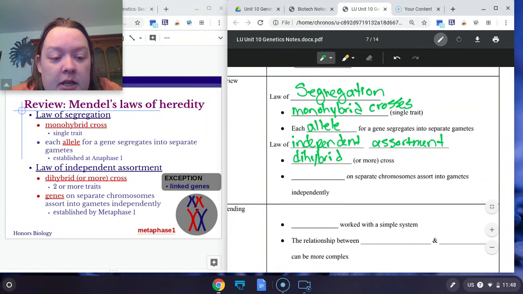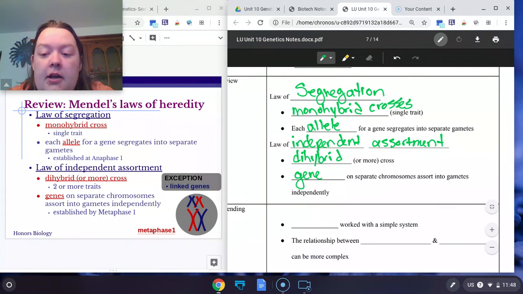And it means that each specific gene is inherited separately or independently from others. So this is when genes are inherited independently from other genes.